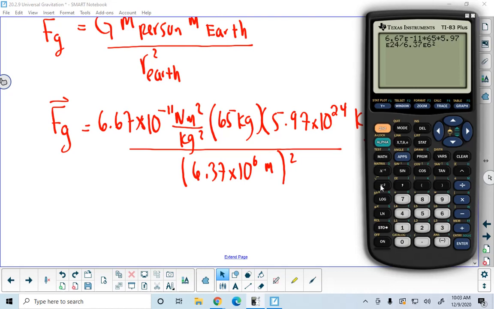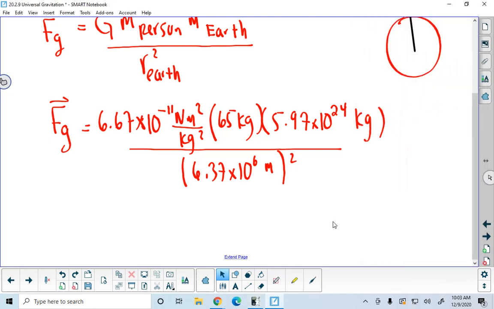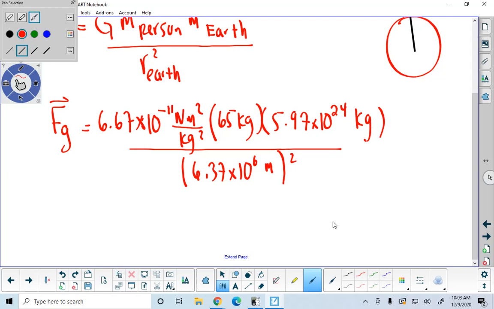Always when you have a complicated calculation, double check to see that you've entered everything correctly, and I have. So what we end up with is 638 newtons. So what we have found here, everybody, is the force of gravity between this person and the Earth. In other words, everybody, we found their weight.